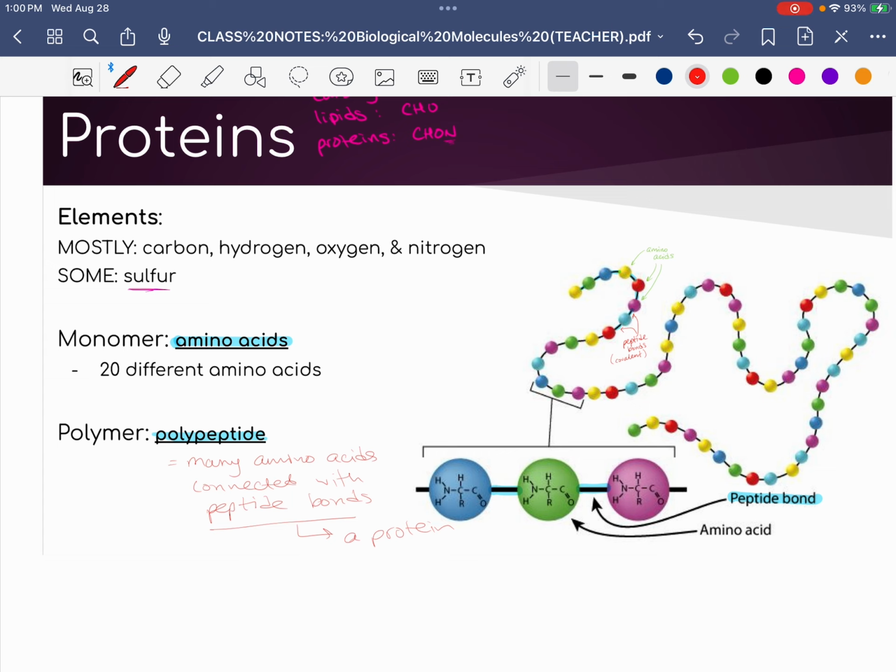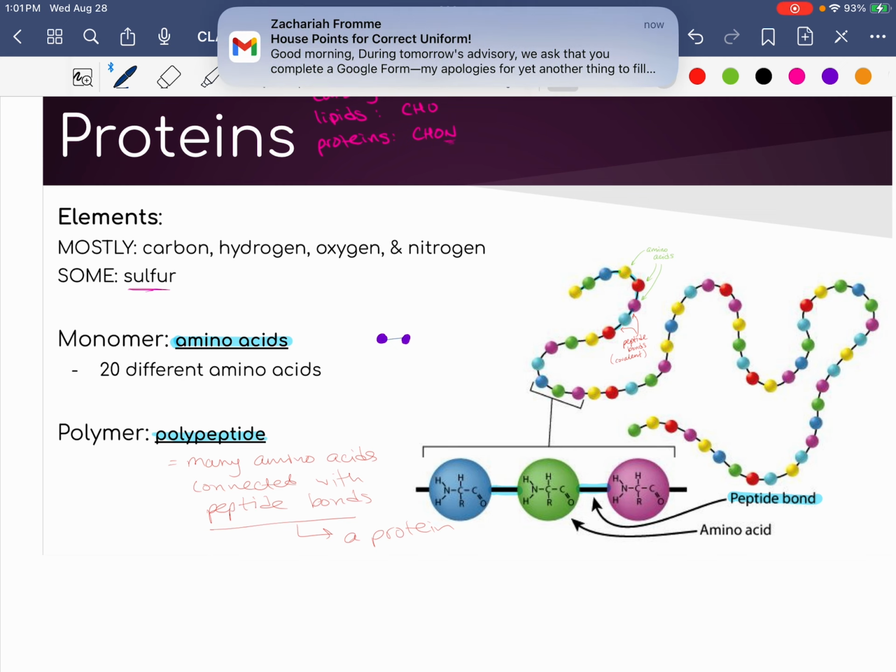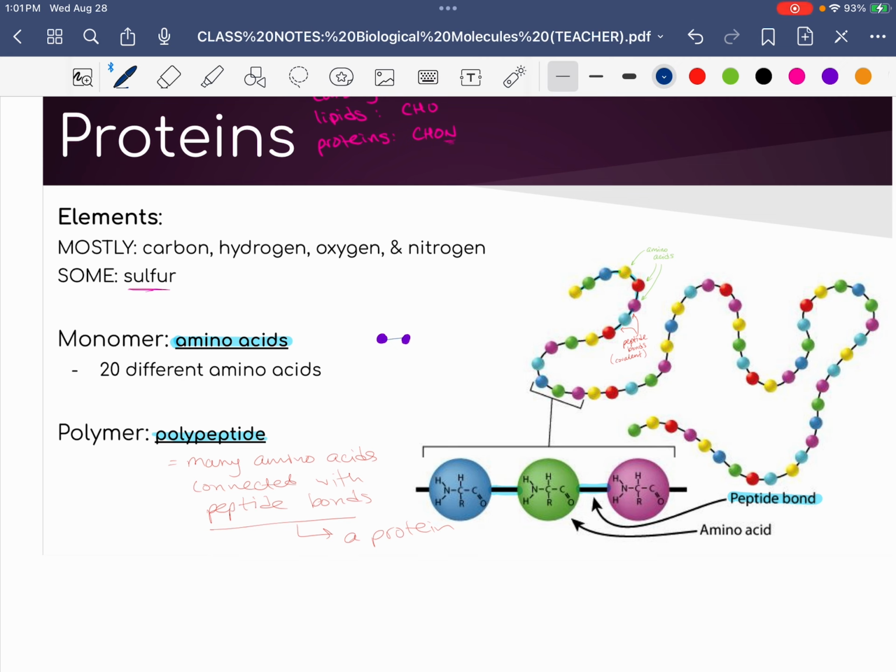If you just have two amino acids together, 1, 2, held together by a peptide bond, here's our peptide bond connecting the two, then this would be a dipeptide. This here looks like Baymax. This here is a dipeptide.